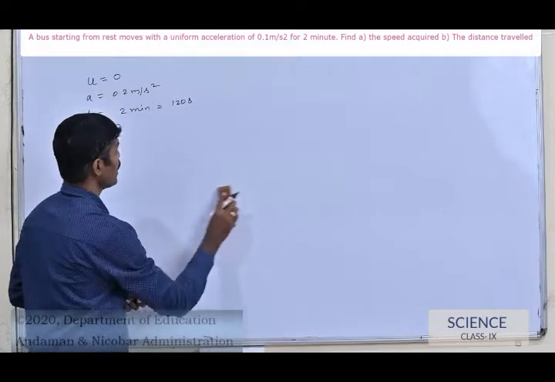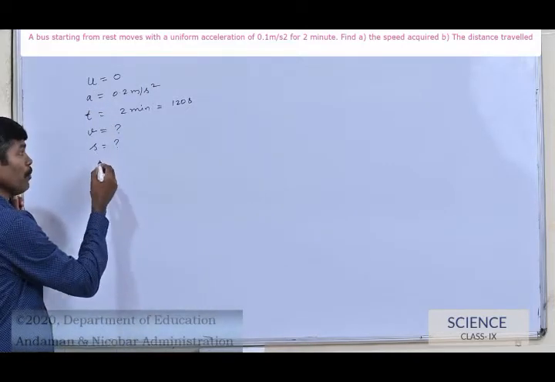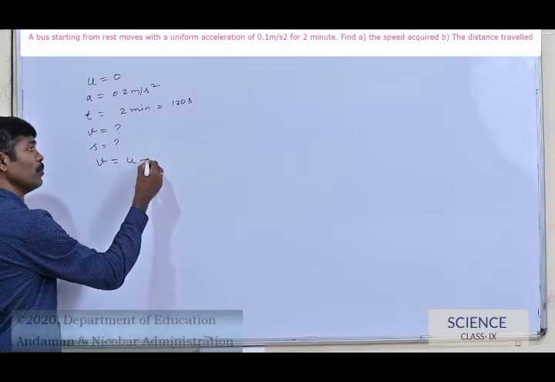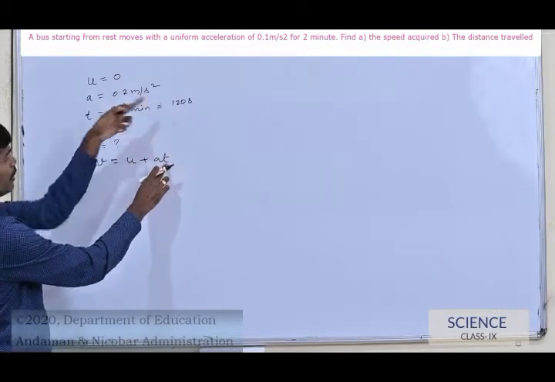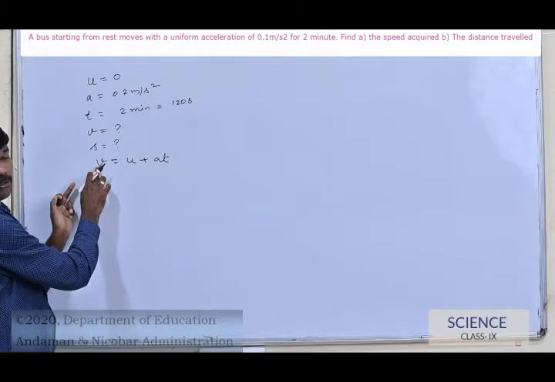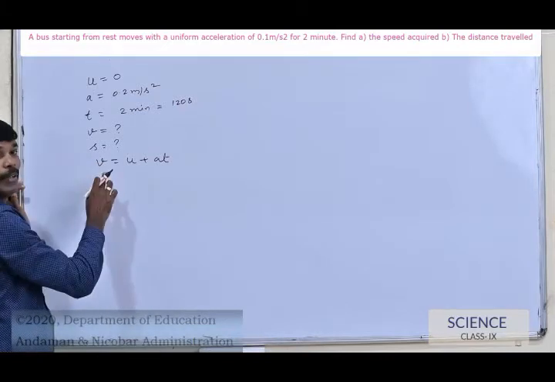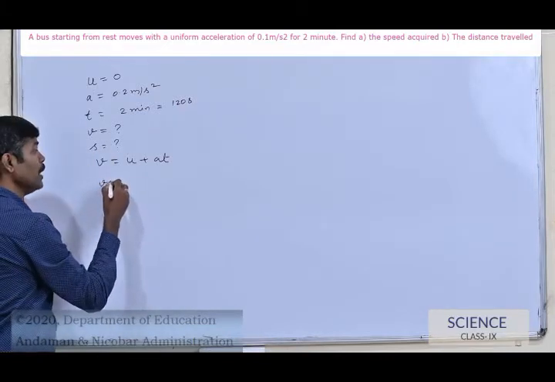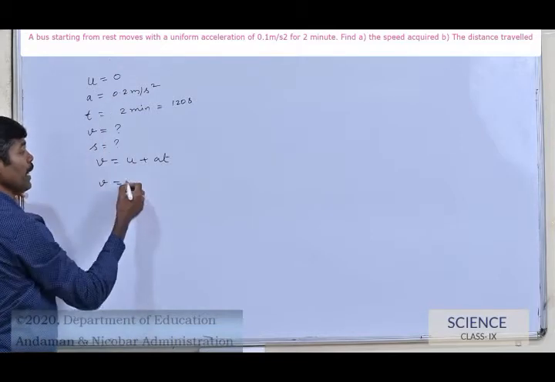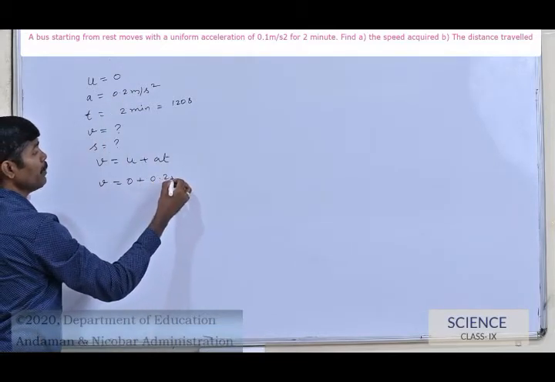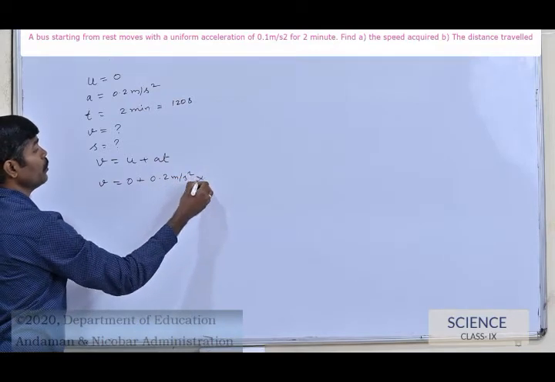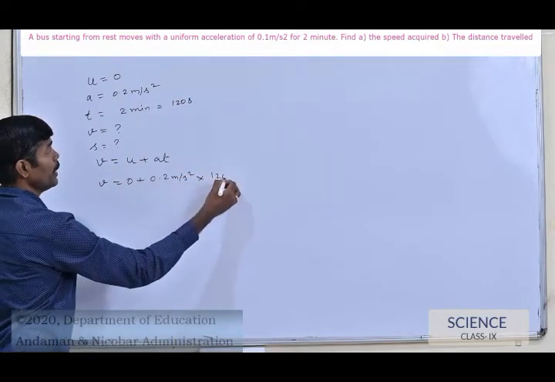So now we can start. The first equation will do the job. v is equal to u plus at. As a is given and t is also given, we need to find v. So with this equation we can find the value. v is equal to, in place of u we write 0, plus a, 0.2 meter per second square, into time, 120 seconds.